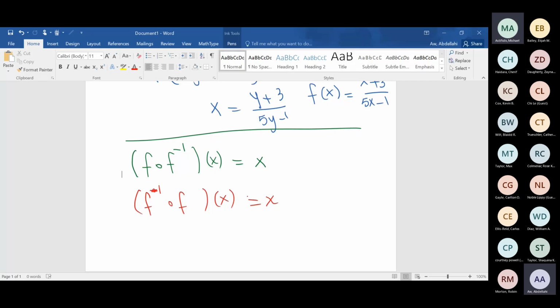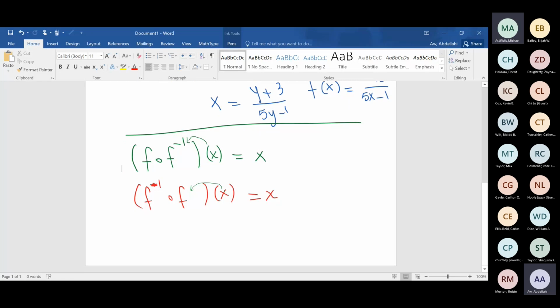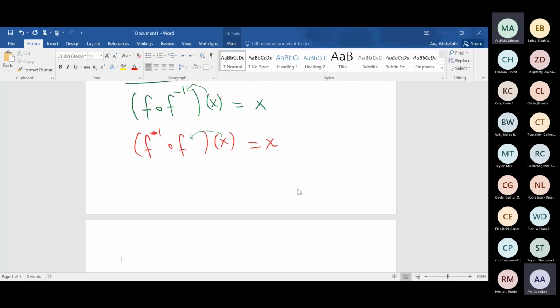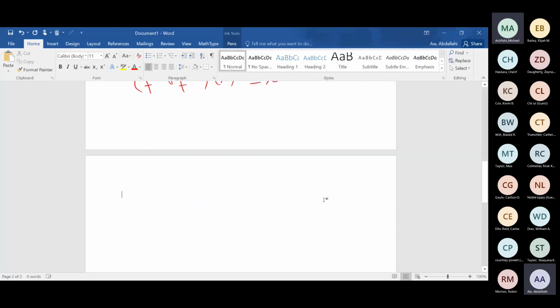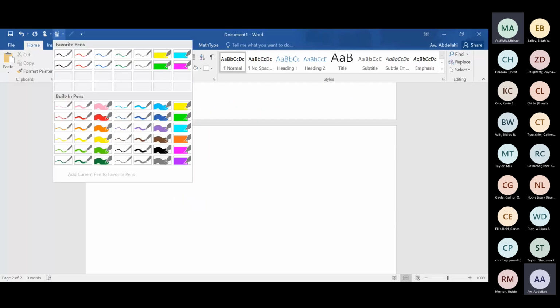So this x should belong to the domain of the inverse, while this x should belong to the domain of f. That is a major difference between them. But the two formulas tell you exactly the same thing: when you compose two inverse functions, you should get x.